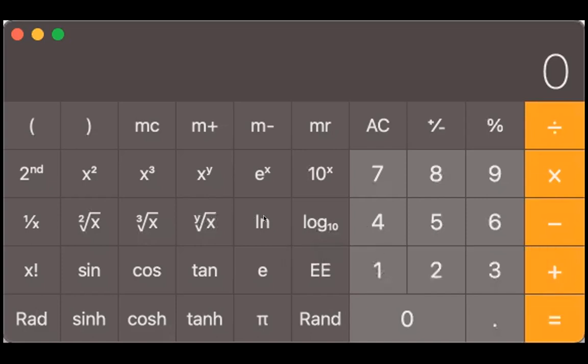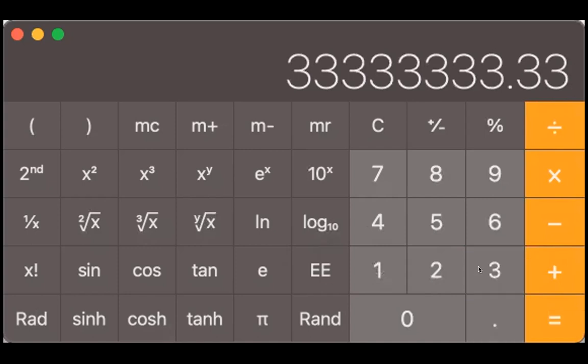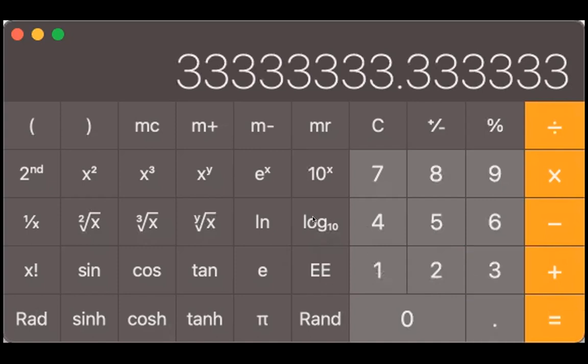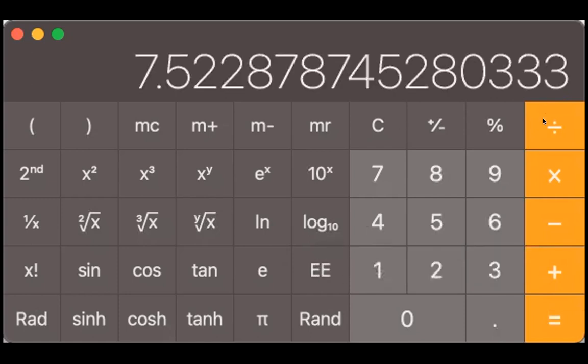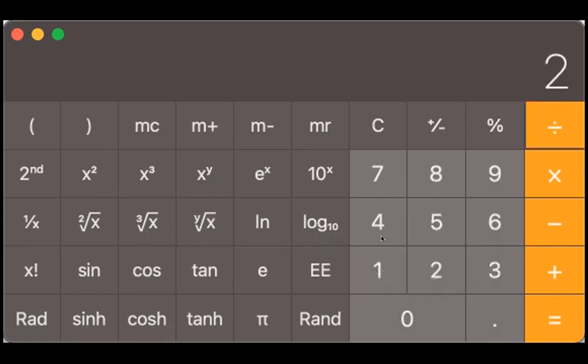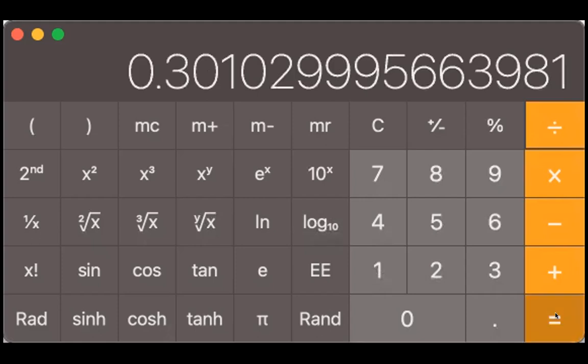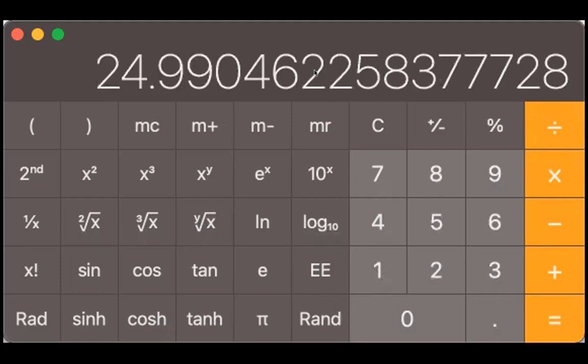So that's where we use that change of base formula. So you can do your 33,333,333 and 3 repeating. Then you hit either button. If we do log base 10, then you divide it by 2 log base 10 and now hit enter. And now you see we have that exact number, about 25.